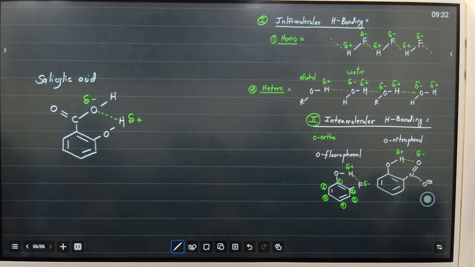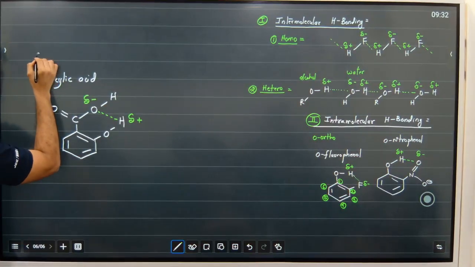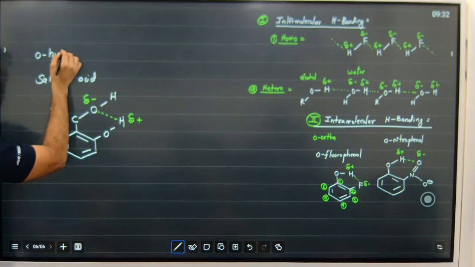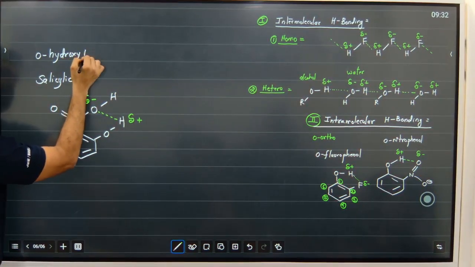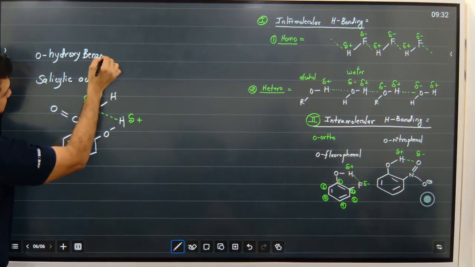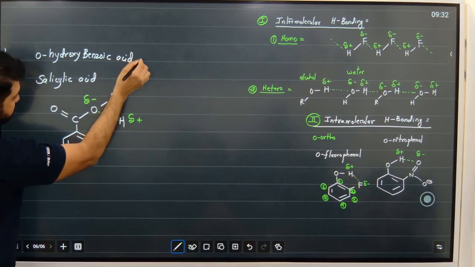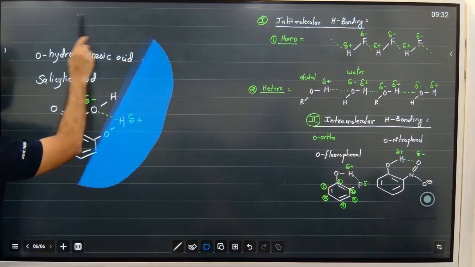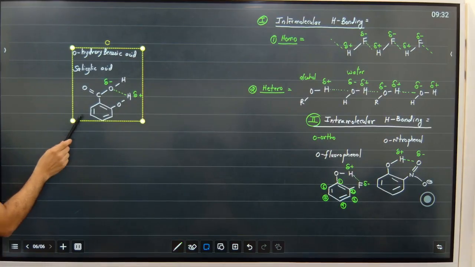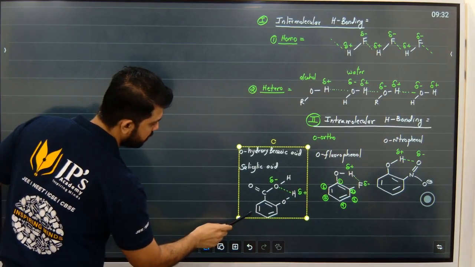Salicylic acid can also be called O-hydroxybenzoic acid. Next example for intramolecular, all these examples are very important, you have to remember all of them.